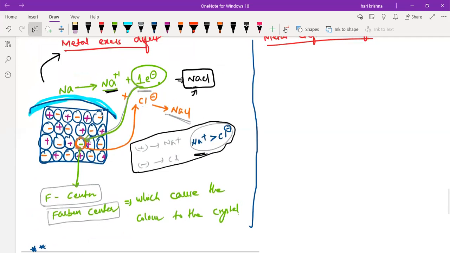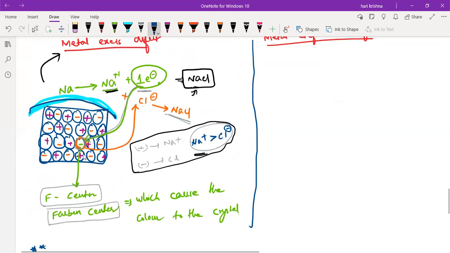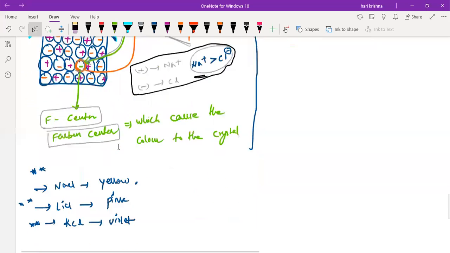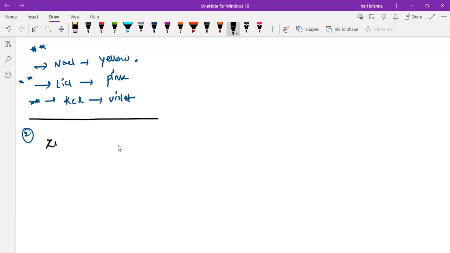One more metal excess defect is also possible. This is the first one. The second one is when you are heating zinc oxide. It will form Zn2+ plus half O2 plus 2 electrons.